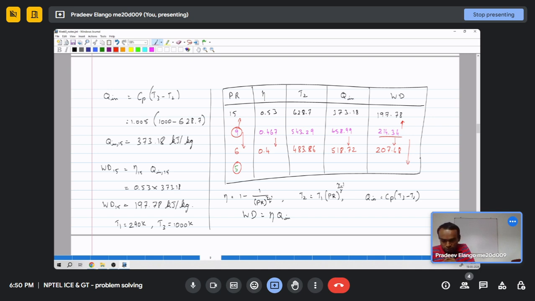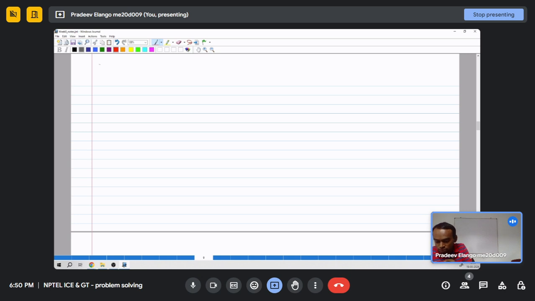If you plot this, we have work done on the y-axis and pressure ratio on the x-axis. So at 9 we got the maximum, and at 15 it is lesser, at 9 it is higher, at 6 it is lower, and 5 will be still lower.